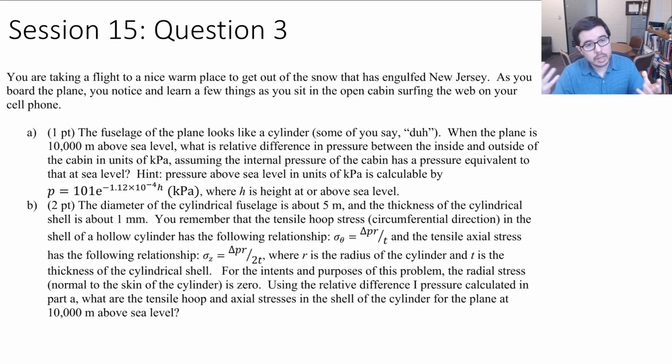And of course, the longitudinal stress is going to be half of the hoop stress. Later we'll see that it's not simply a matter of taking the bigger one and being done. We're going to talk about transformations in a little bit and being able to account for these different stresses, both the hoop and the longitudinal. All right, so that's question 3.